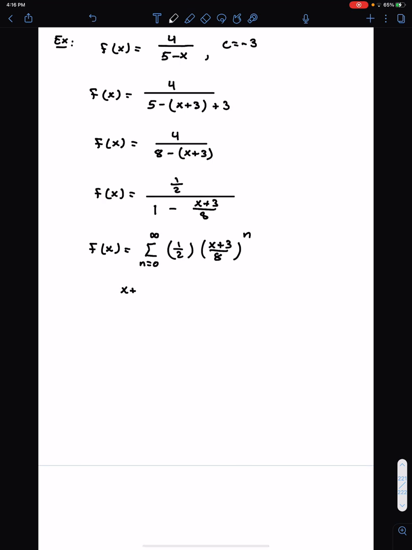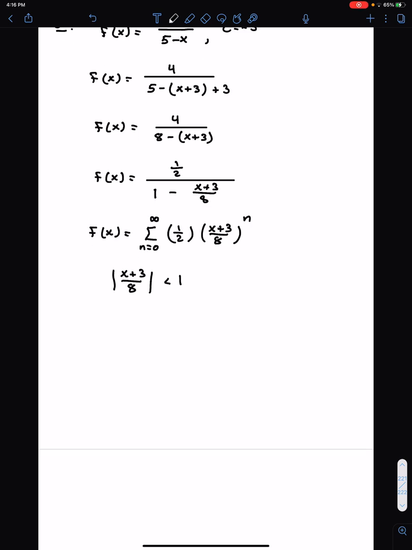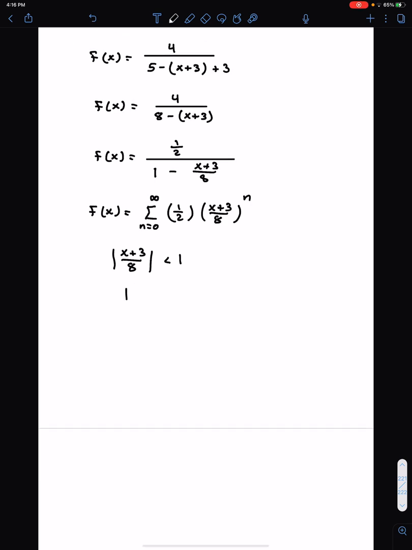The series converges when absolute value of x plus 3 divided by 8 is less than 1. If I factor out a 1/8 and then multiply both sides by 8, absolute value of x plus 3 is less than 8. So 8 is the radius of convergence.